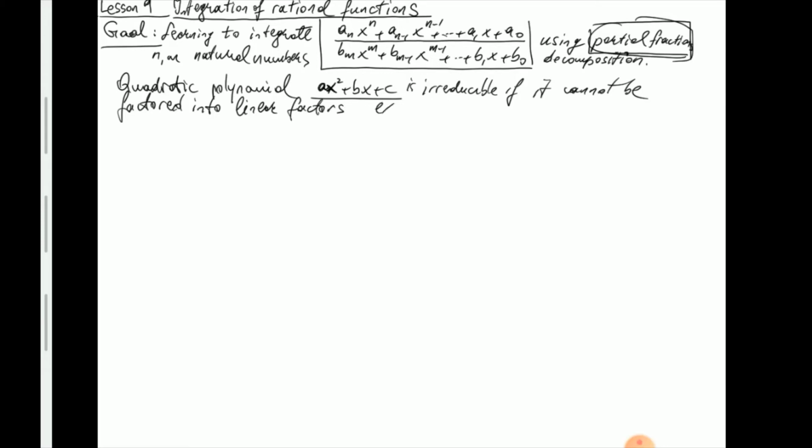So as an example, x squared minus 3x plus 2 is not irreducible, or it's reducible if you want, because this can be factored. But on the other hand, if you look at x squared, so this is reducible.